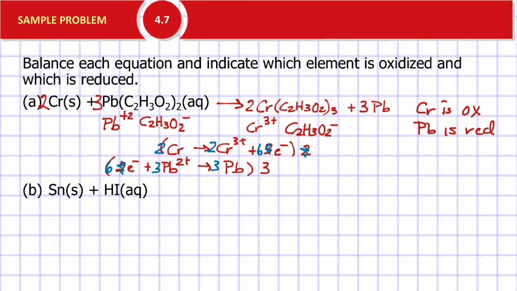Okay, I'm going to give you the products on this one as well. Products are going to be tin 4 iodide and hydrogen ion. So let's try balancing it just the regular way. What would we do?